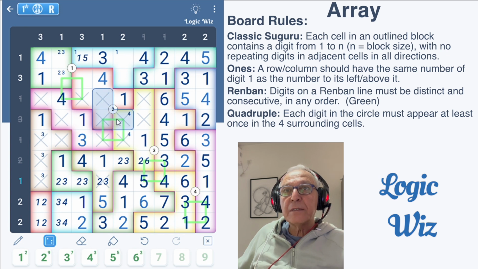In these 3 cells, we must have a 2. Not yet. 5 cannot be here. 5 can be in these 3 cells.